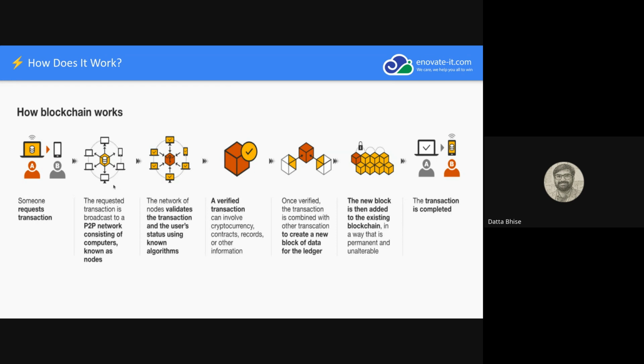They do not pick transactions randomly, because miners are a little bit greedy. When we broadcast the transaction, we also mention the fee, and miners look for transactions giving the highest fee. Even if you set a lower fee, that transaction will still be added to a block, but a little later compared to transactions with a higher fee. So you can see the block is created.